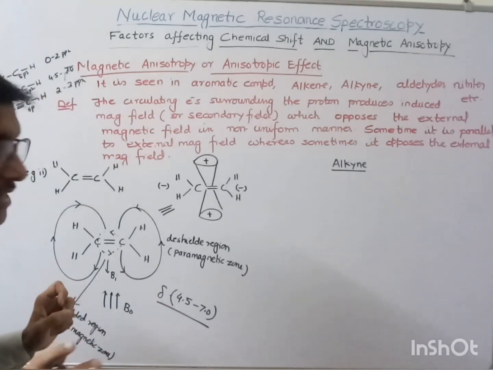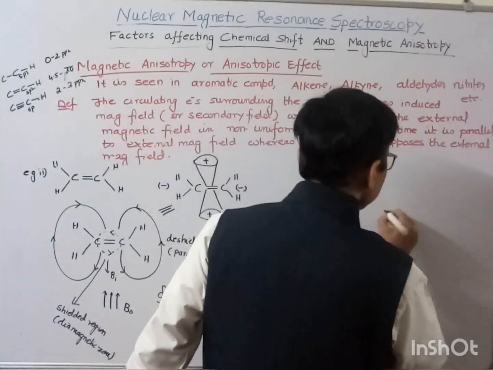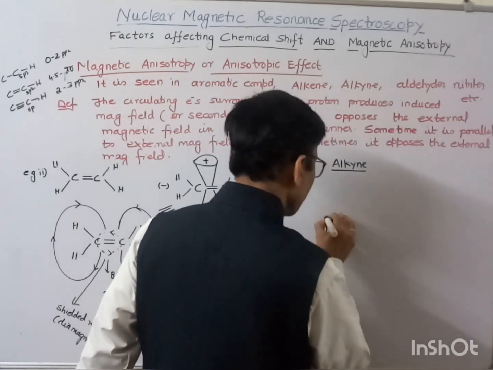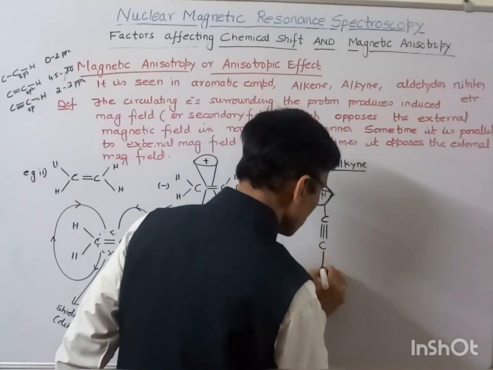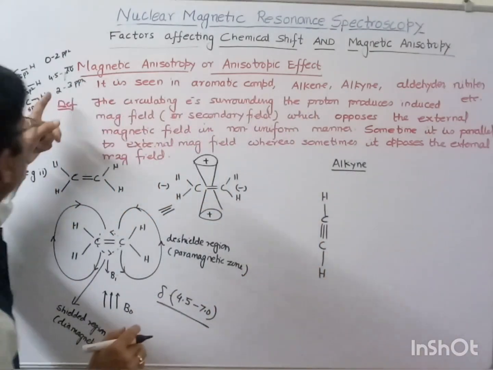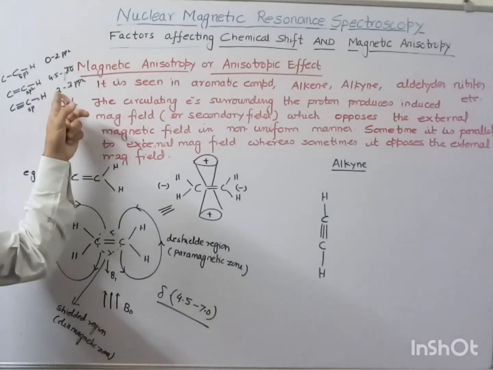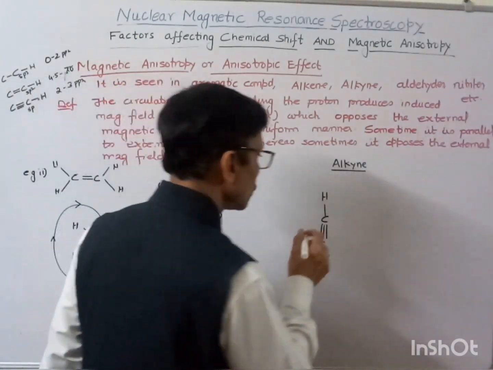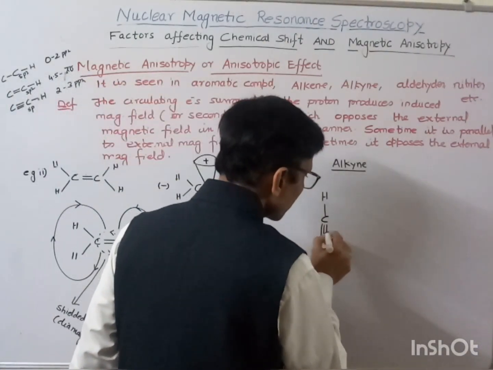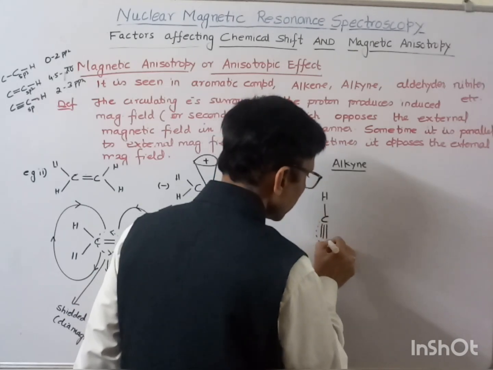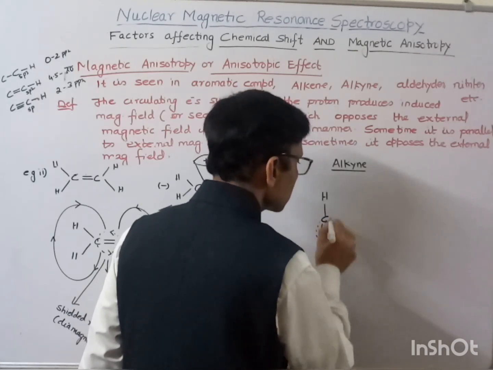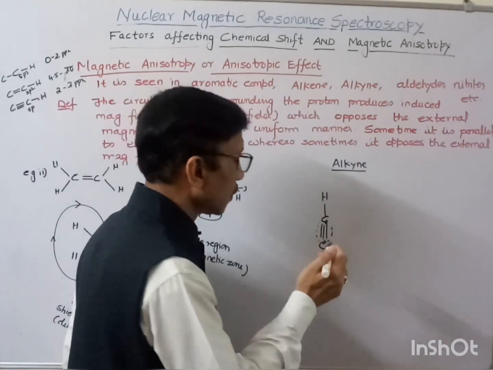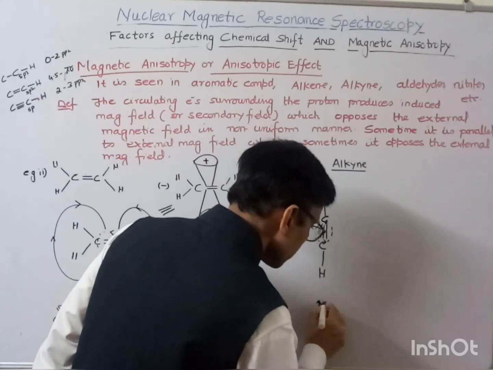So how can we show this anisotropic effect in alkyne? Suppose you have this alkyne. These protons are quite shielded, that's why they come at a lower delta value. As I told you, the electrons are circulating in this way, and this circulating electron will produce a local diamagnetic current, or a secondary magnetic field.